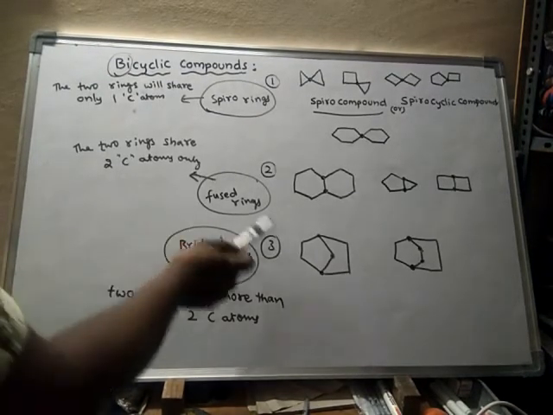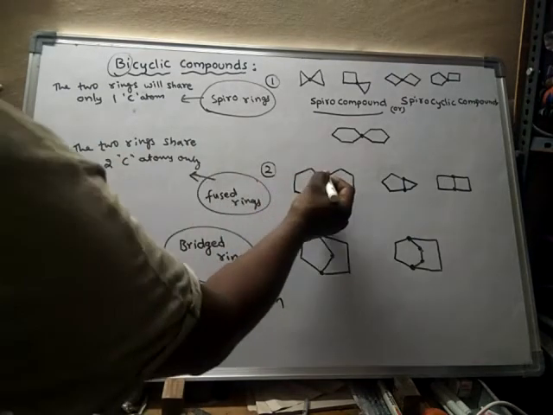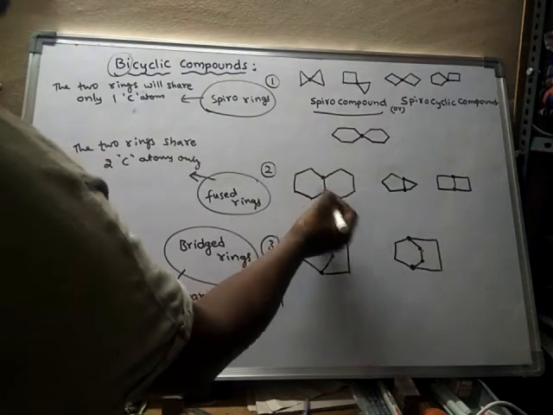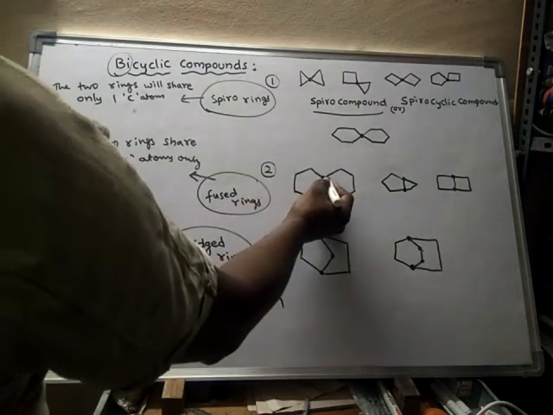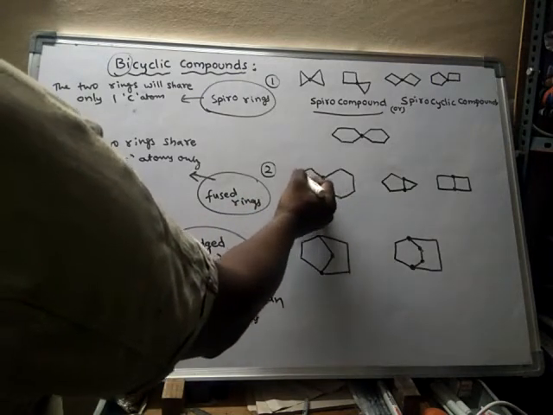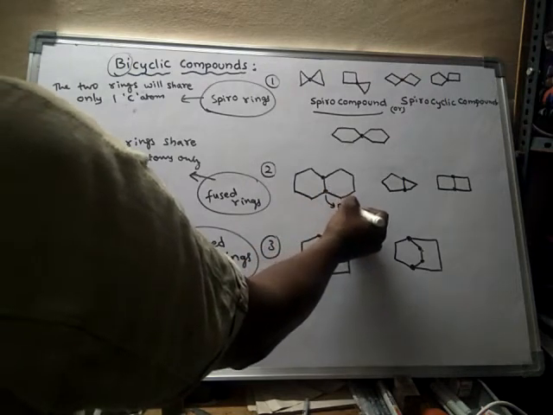In fused rings and bridged rings, one thing is common. These carbon atoms where these rings are directly joined are said to be bridge heads.